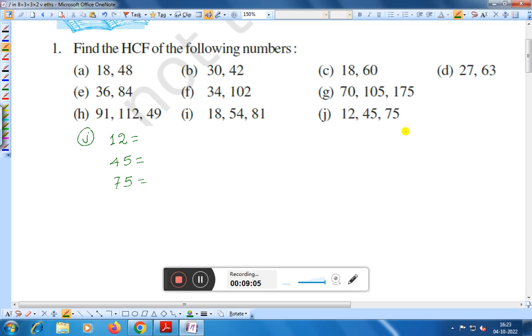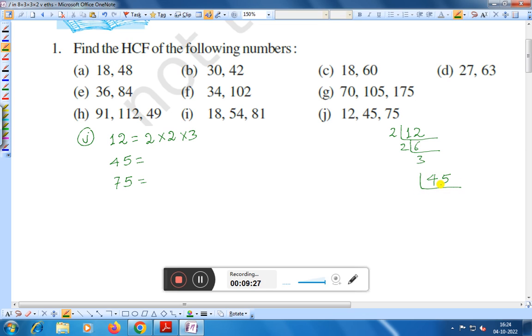Now we'll find the factors of 12. Dividing by 2, 2 times 6 is 12, and 2 times 3 is 6. That is 2 into 2 into 3.